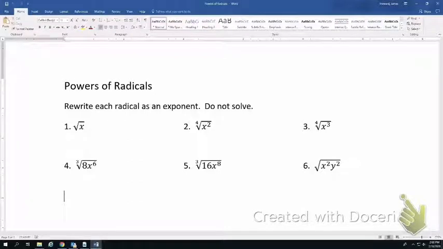Let me rephrase that. If I have the square root of x, that is the same as x to the power of what? Does anybody know that? Not 2. That would be the opposite. So what's the opposite of 2? Or no? 1/2.